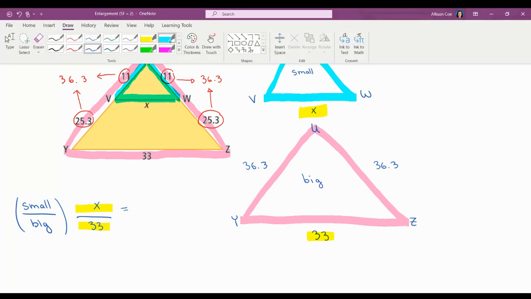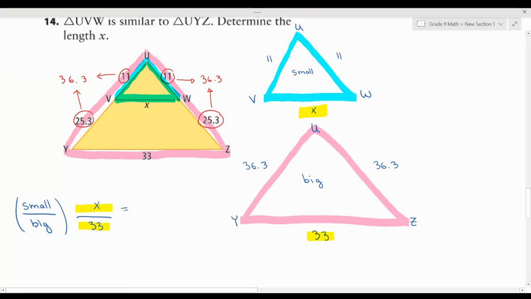Then these are both the same color. I'll take this 11 and compare it to the 36.3. Maybe not the best color, but it'll work. So the 11 is on top, 36.3.